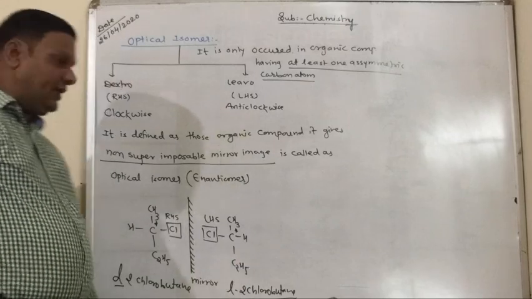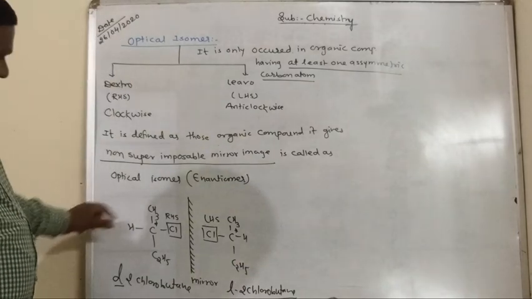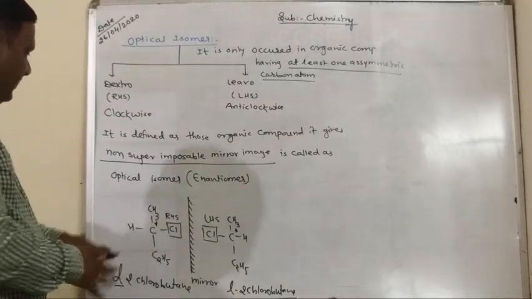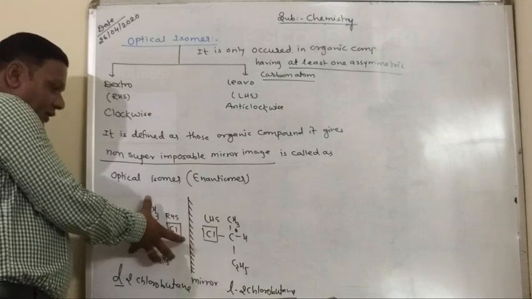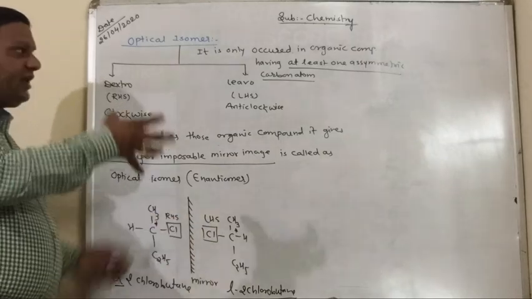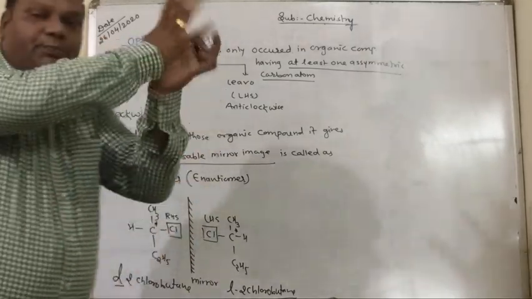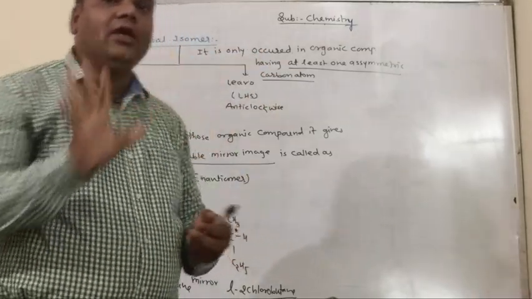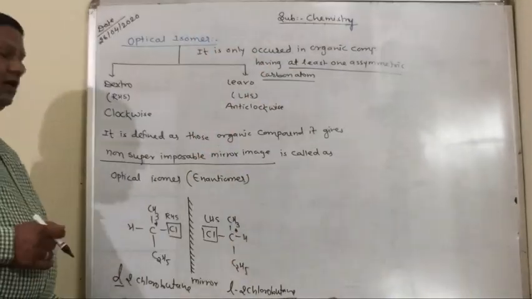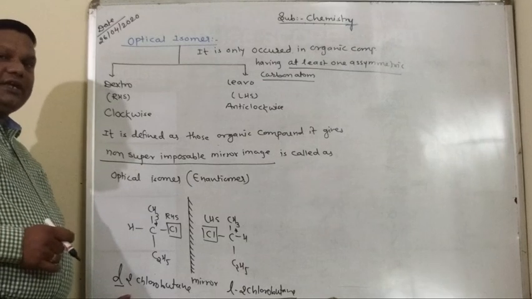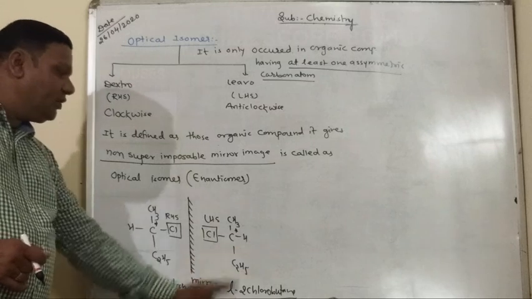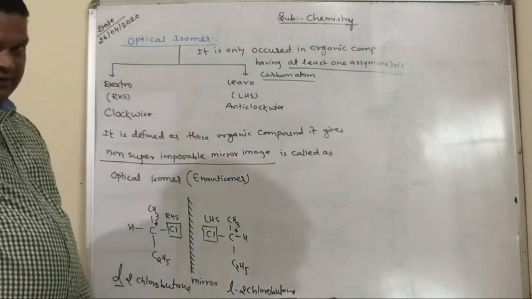In the first case the chlorine is placed at right hand side, and if the same compound is taken in a glass tube and plane polarized light is passed, then the rays of light are rotated only in clockwise direction, hence it is a dextrorotatory compound. There is a dextro 2-chlorobutane, and when it is observed in mirror, it is a levo 2-chlorobutane.